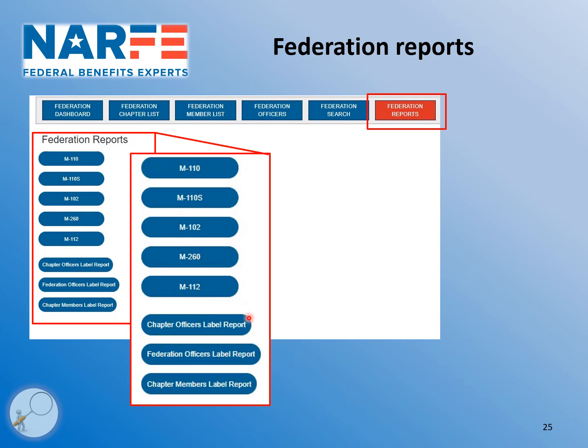In addition to that, we have 3 options for creating mailing labels for the chapter officers, the Federation officers, and all of the chapter members in the Federation. For more information on how to use the reports provided, see the Federation Reports in-depth tutorial.